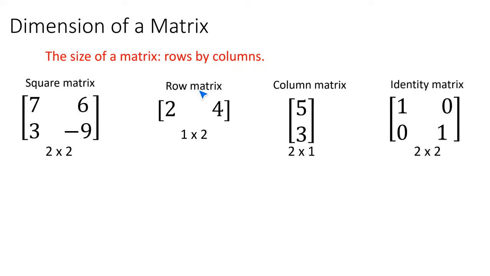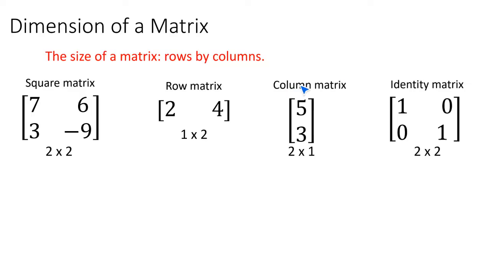This one is called the row matrix. As you can see, it only has 1 row, but it has 2 columns. And then the column matrix has 1 column and 2 rows. So the order here is the number of rows, which is 2, and the 1 column.